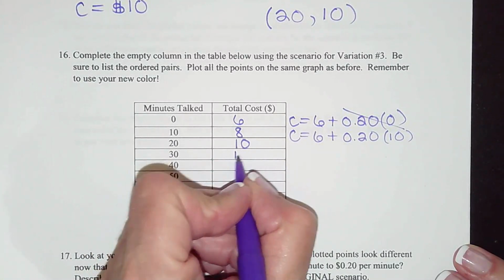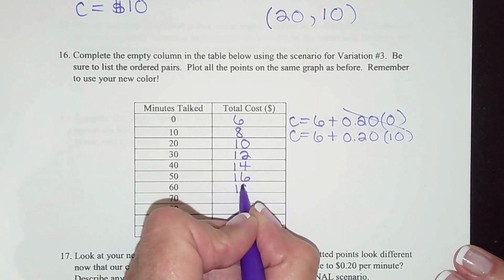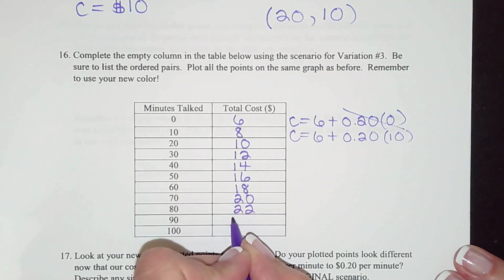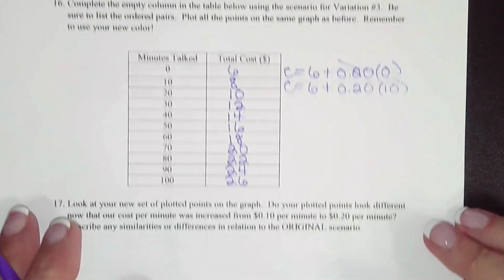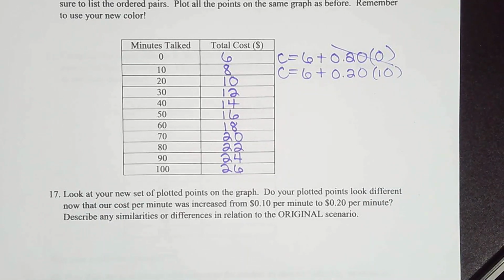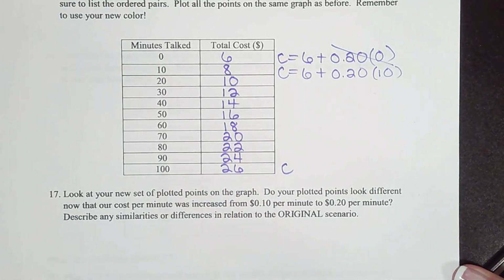So I can complete the table: 12, 14, 16, 18, 20, 22, 24, 26. And then just like on all the others, I'm going to check it at the end, because that's the whole reason we were allowed to do the pattern, just so we make sure.